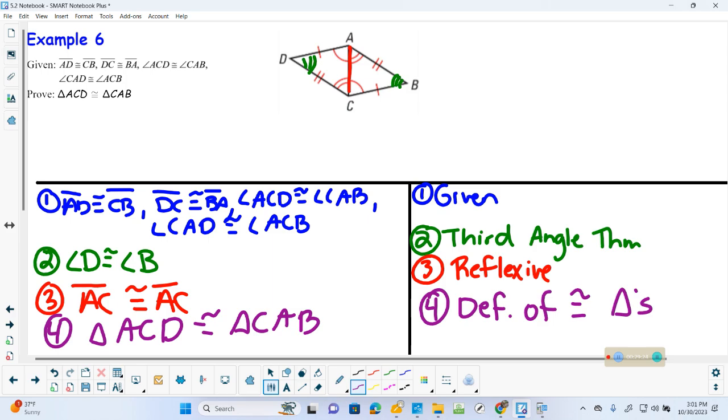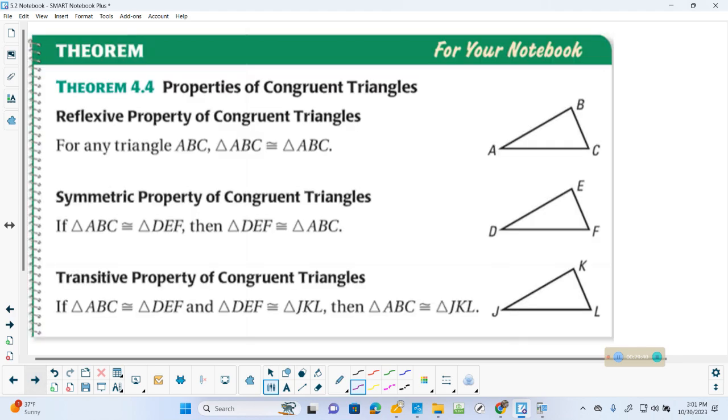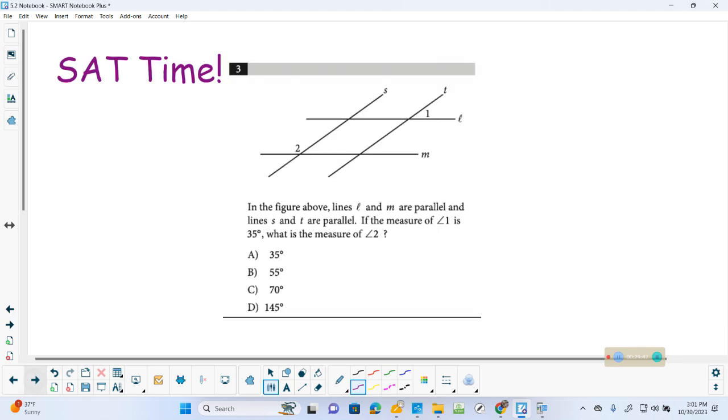Now, I hate having to do all 6 pieces of congruency. I mean, this one's nice, they gave you 4, but that's not always the case. So there are going to be some shortcuts as we go through this chapter, believe it or not, because writing out 6 pieces of congruency gets a little obnoxious. All right, last thing we have, we already talked about that, flip it.